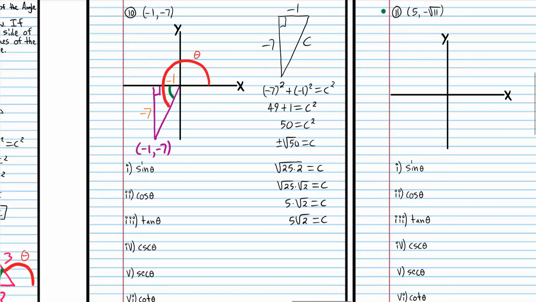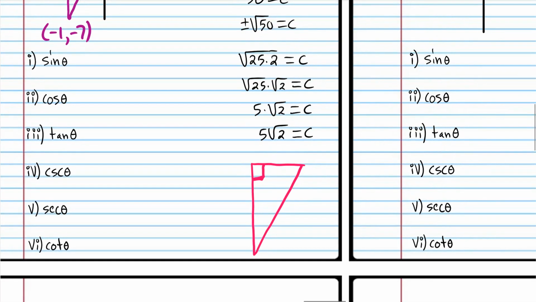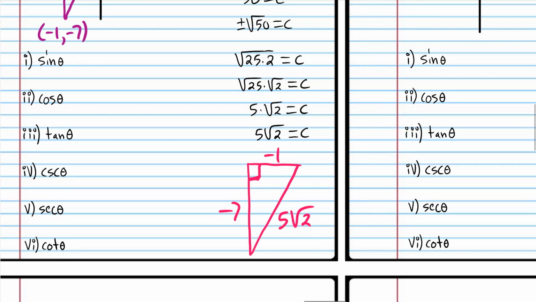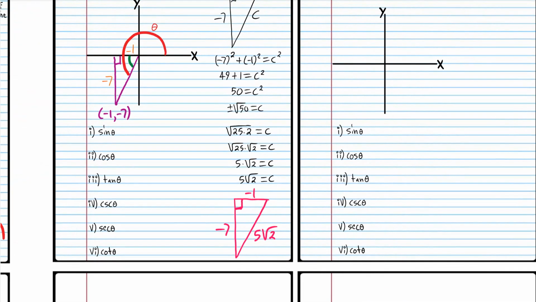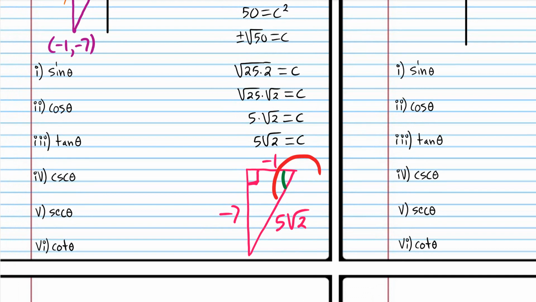So now we're ready to draw a triangle that we're going to use to find all the values we're looking for. And this side is 5 root 2, this side is -7, and this side is -1. So the angle in question is this angle here, and of course we're going to use the reference angle to help us.